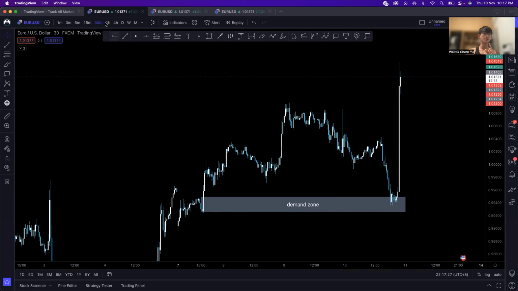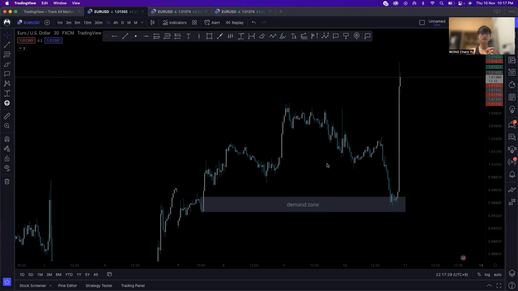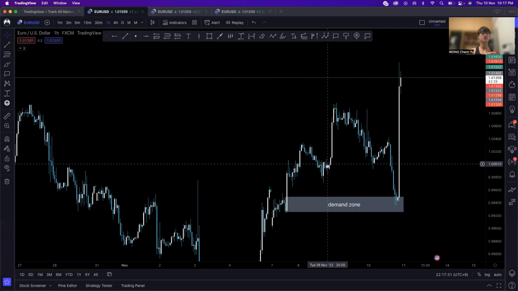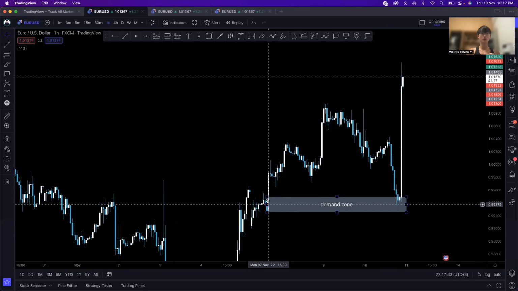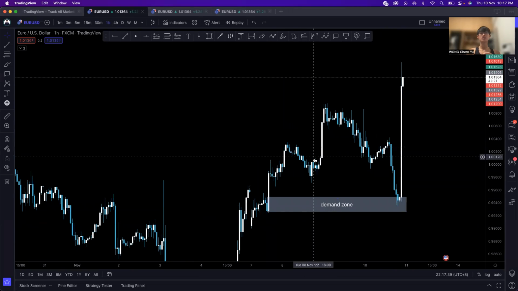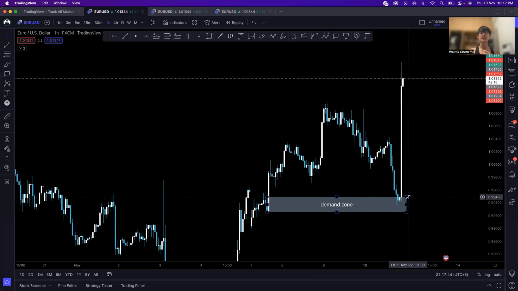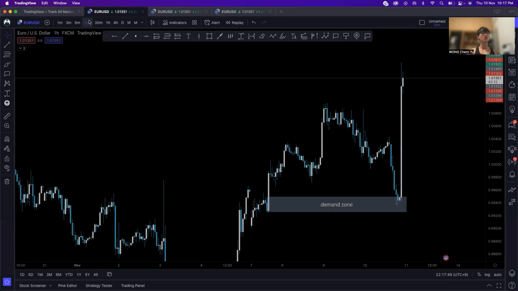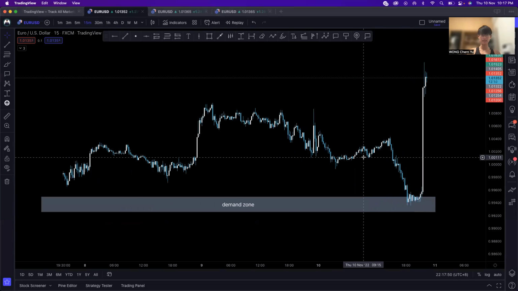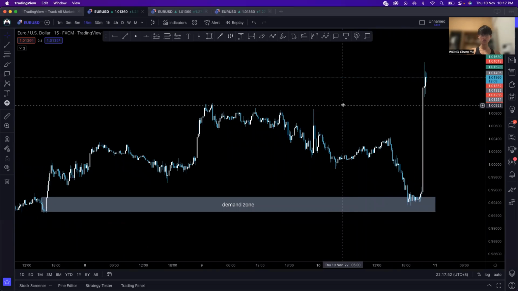On the 1 hour time frame, we can see a very clear order block, which is the last candle that led to a sharp momentum up. Price then retraced back down to mitigate this order block or demand zone, and it literally went parabolic upon the news release. So on the technical segment, we see that price broke structure with this parabolic move up.